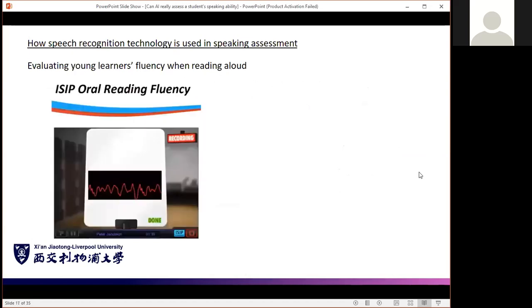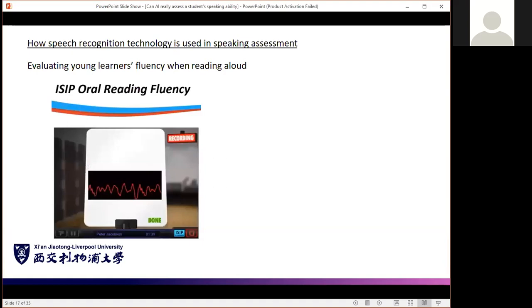Okay, so the ISIP oral reading fluency is another device or way that speech recognition technology has been used. Now, this piece of kit is used with young learners, and it gets them to read aloud.